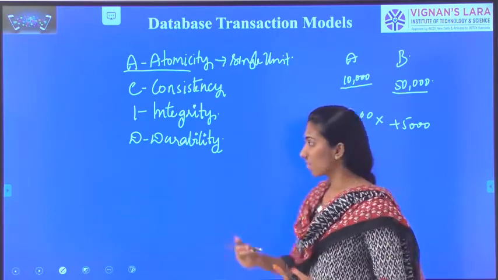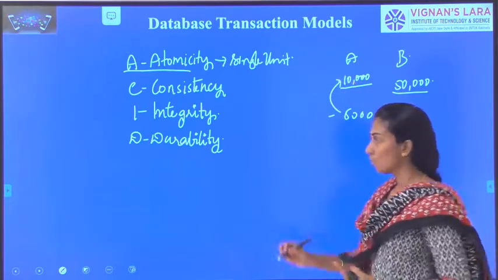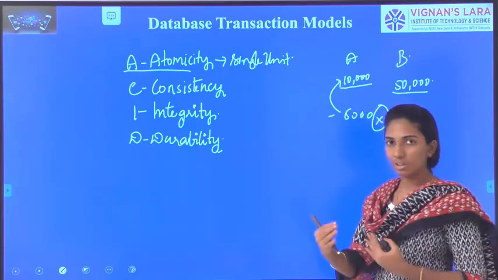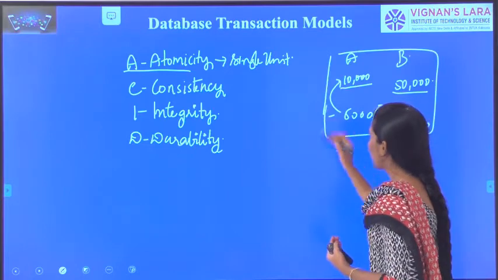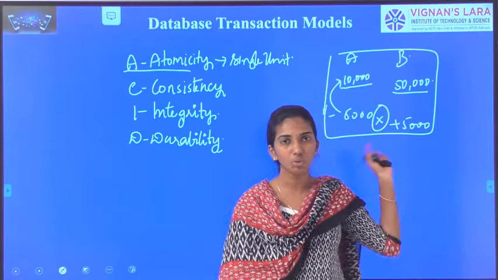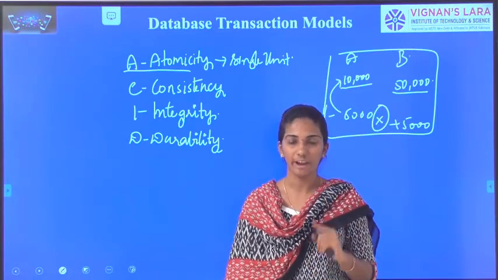That means this amount will be credited into A's account. Okay. So in order to do this rolling back, the entire two operations should be rolled back. So at the time of moving back the transactions, these two things should be taken as a single unit. That is called atomicity.